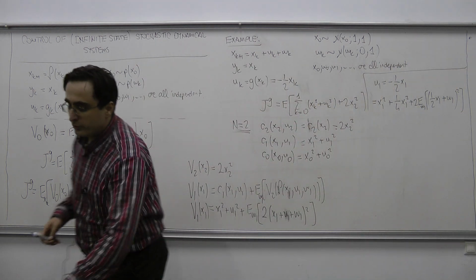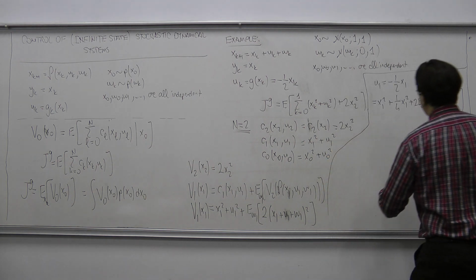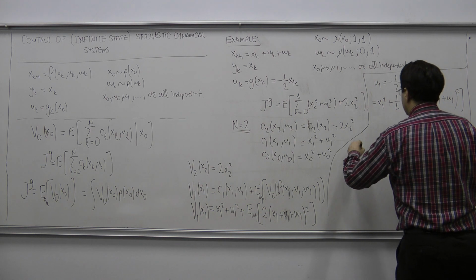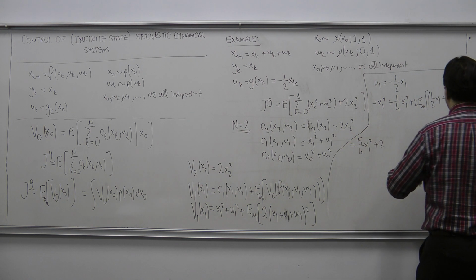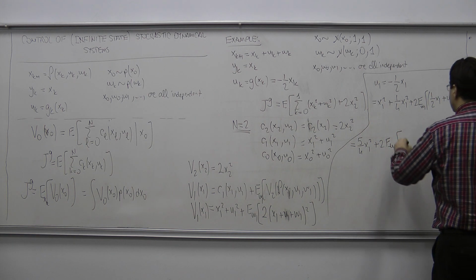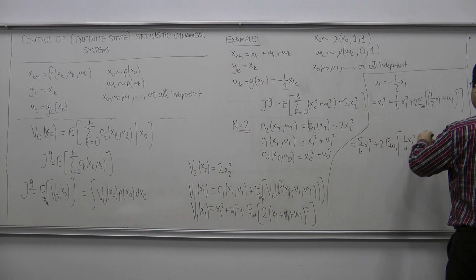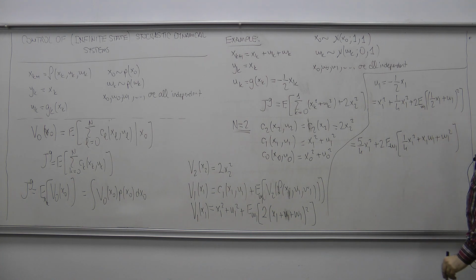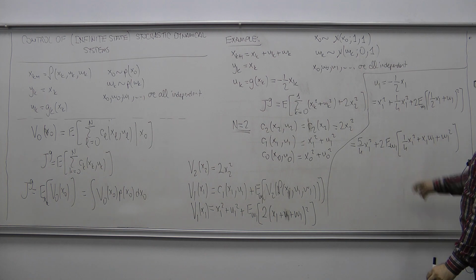I can do these calculations automatically, but I will write it in a long way first, and then it's easier to understand. So I have 5 over 4 x1 squared plus, in parentheses, the expected value with respect to W1 of 1 over 4 x1 squared plus x1 W1 plus W1 squared. Okay? So now I'm taking expectations with respect to W1.